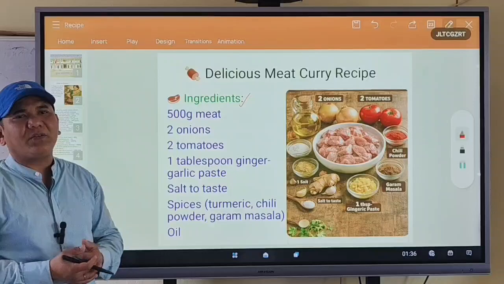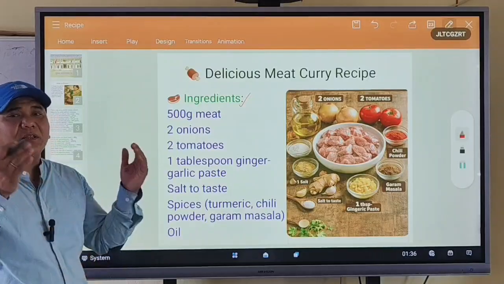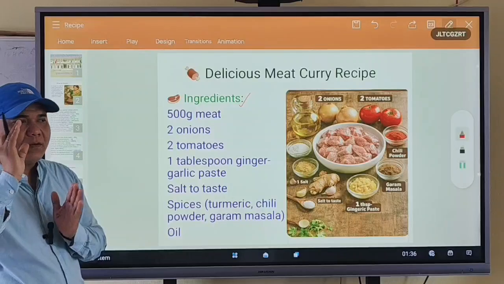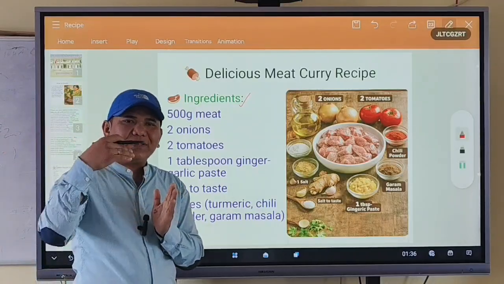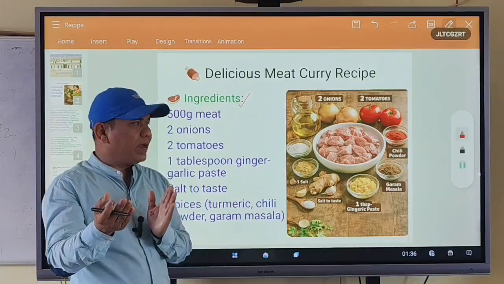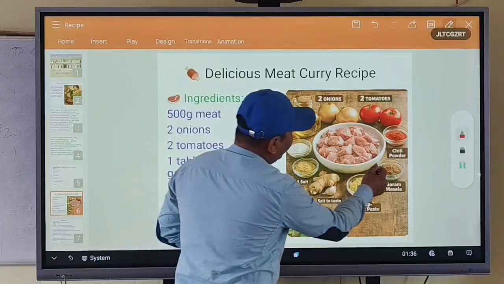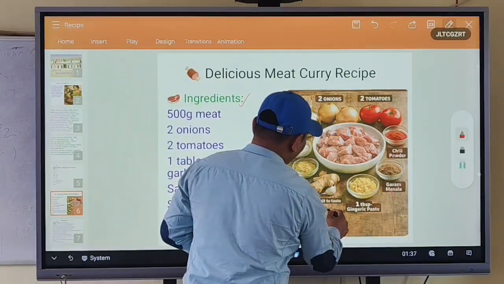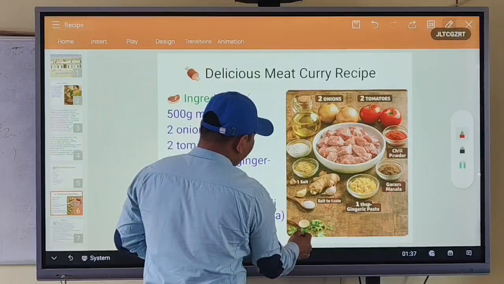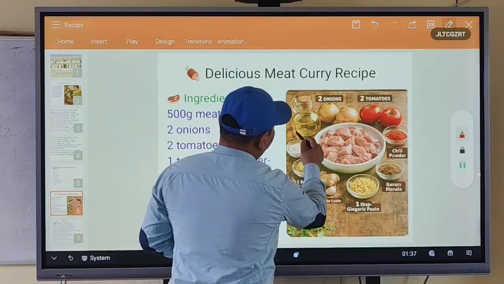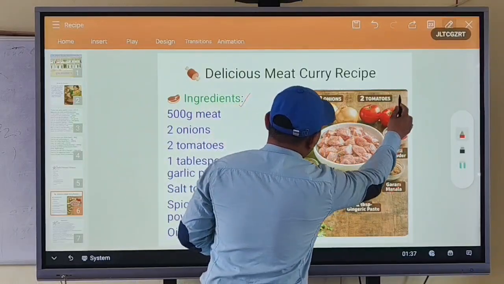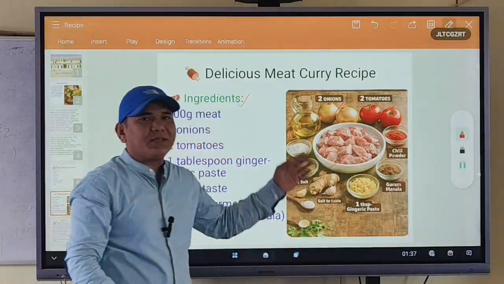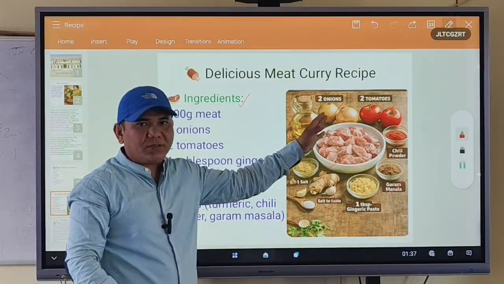What do you mean by ingredients? These are the materials to cook food, dishes. Like you can see chili powder, garam masala, salt, onions, tomatoes, meat. These are the ingredients.